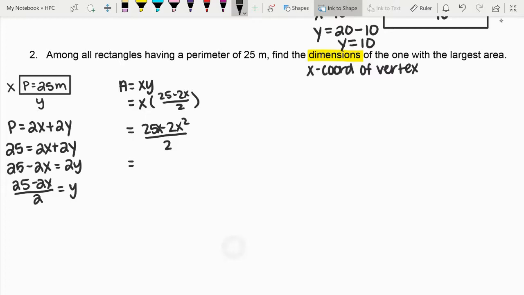If I split that up, I'm going to have 25x divided by 2 minus x squared. So let's rewrite that to have negative x squared plus 25x over 2. So that is what the area is equal to.